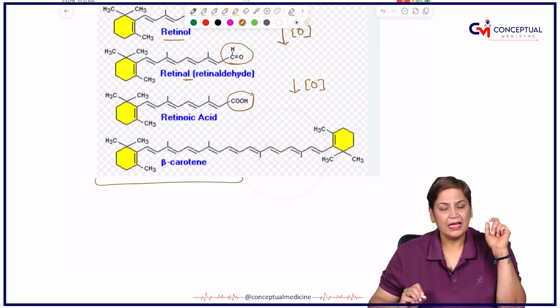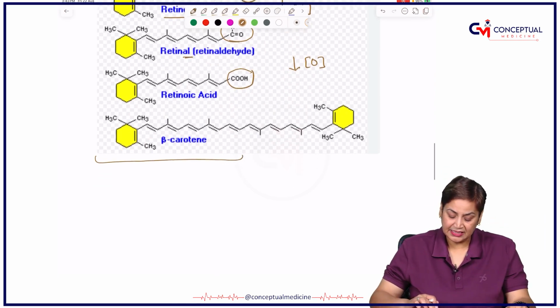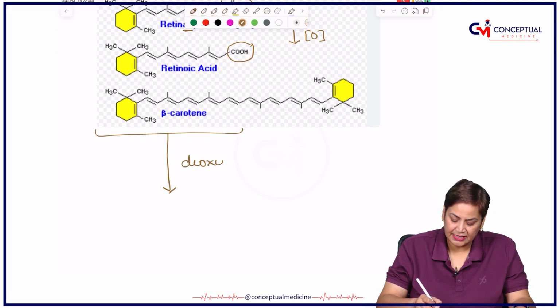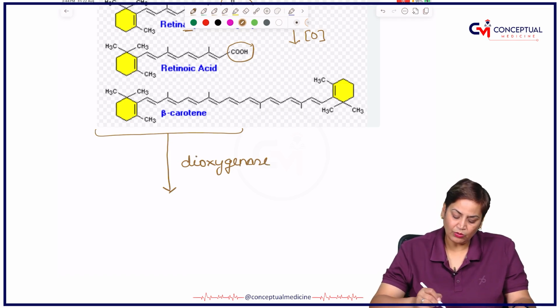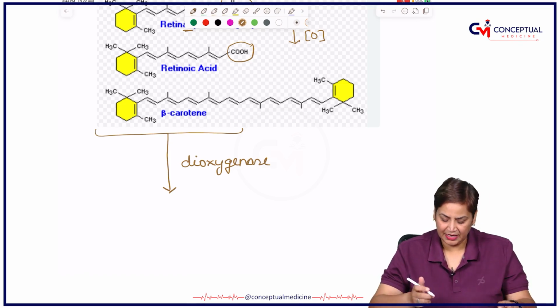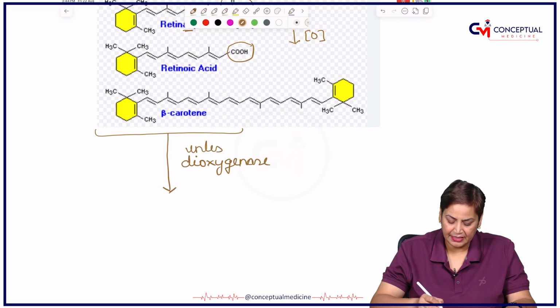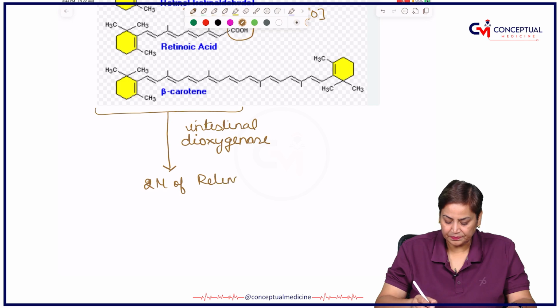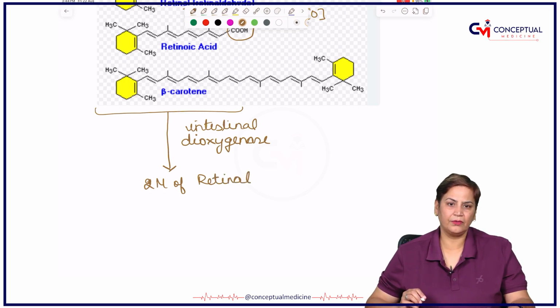ionone ring. And this beta-carotene is actually cleaved by an enzyme, dioxygenase, and this reaction takes place in the intestine. If you count the number of carbon atoms, there are 40 carbon atoms, and there will be an even splitting in the presence of the enzyme intestinal dioxygenase, and it is going to form retinal. So I can say 2 molecules of retinal. Right.